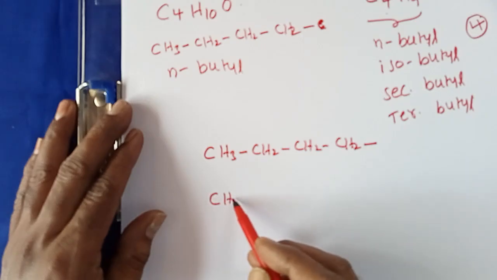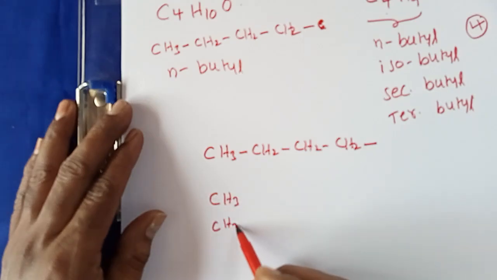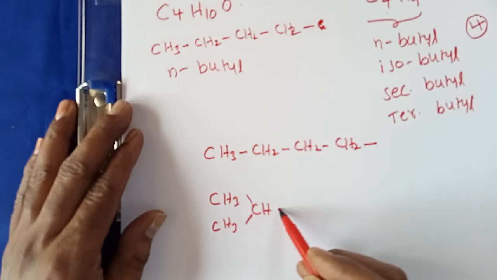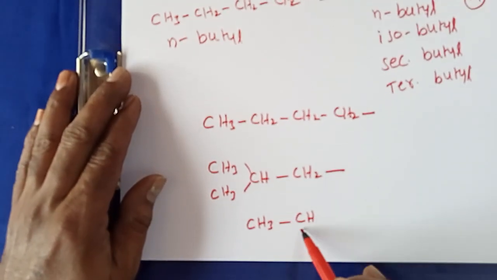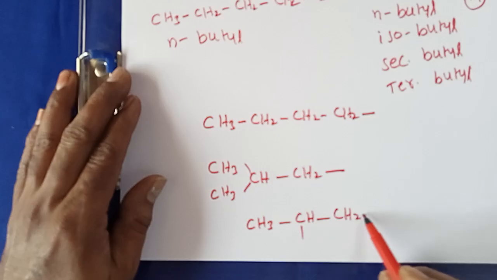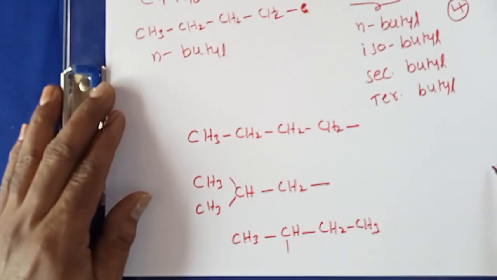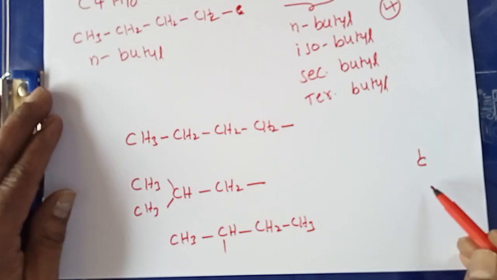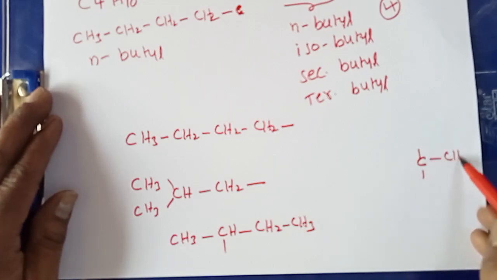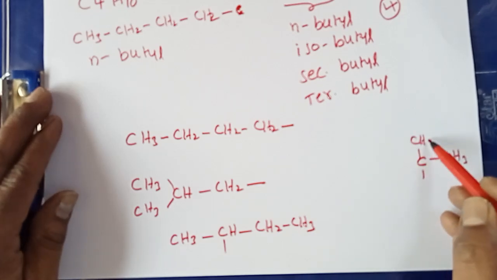This is N-butyl. Next, this is isobutyl. Next, this is the secondary butyl group. Next, this is the tertiary butyl group.